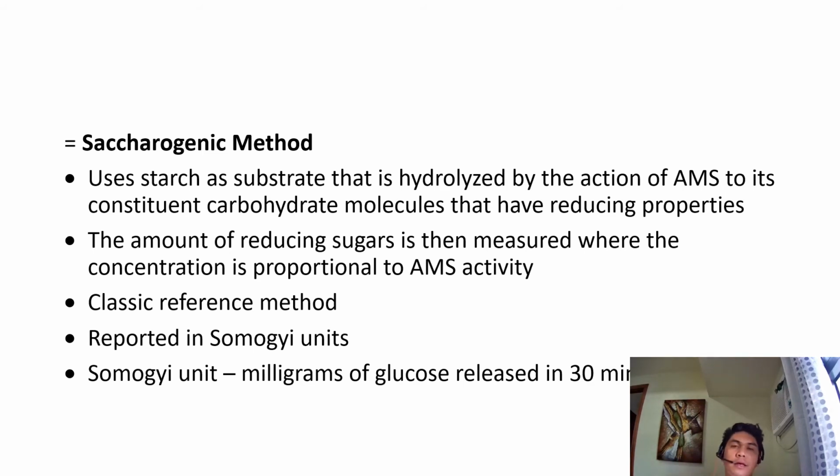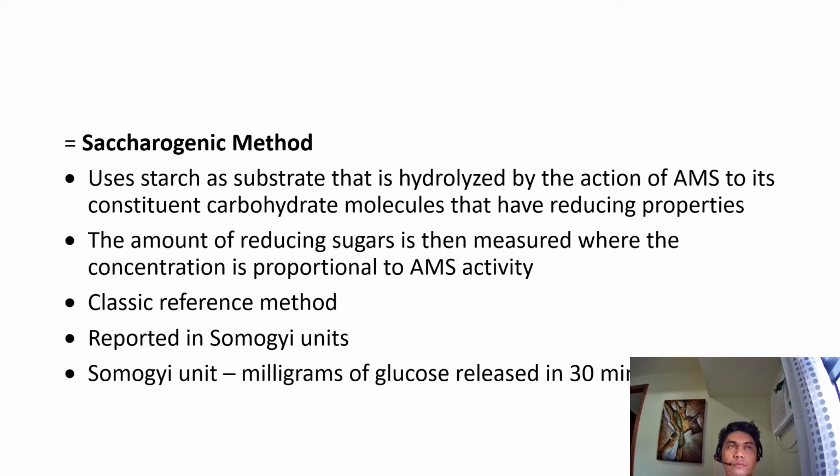Now, regarding the Saccharogenic method, it is the classic reference method, and it is reported in Somogyi units. So we're not using U per L or IU per L as unit. For this one, we're using the Somogyi unit, which is the milligrams of glucose released in 30 minutes. Okay, that's for the Somogyi unit.